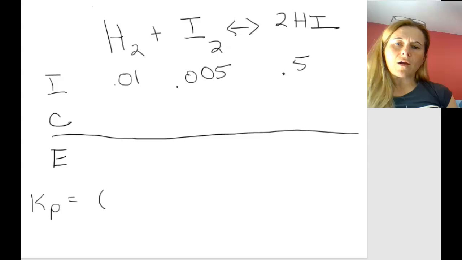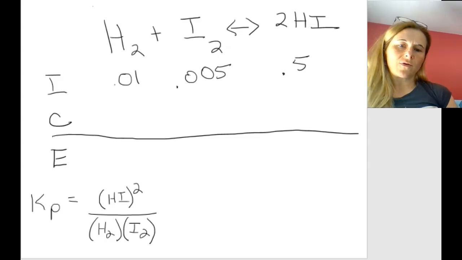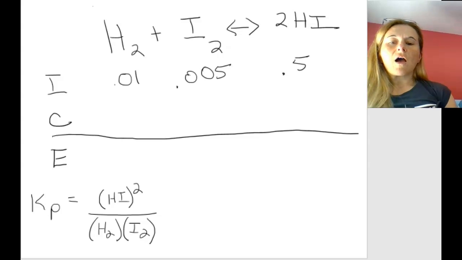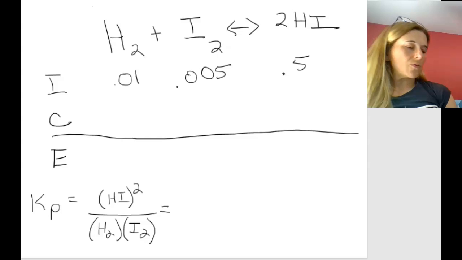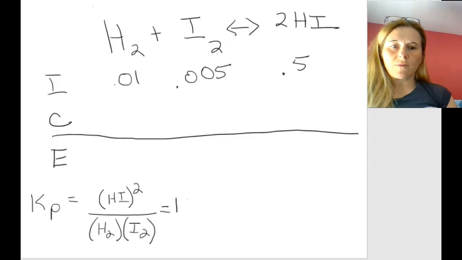So our Kp is going to be the pressure of HI to the exponent 2, over the pressure of H2, no exponent, times the pressure of I2, no exponent, because they both have a coefficient of 1. And we were told that Kp is actually 100. Making sure I remember that correctly.